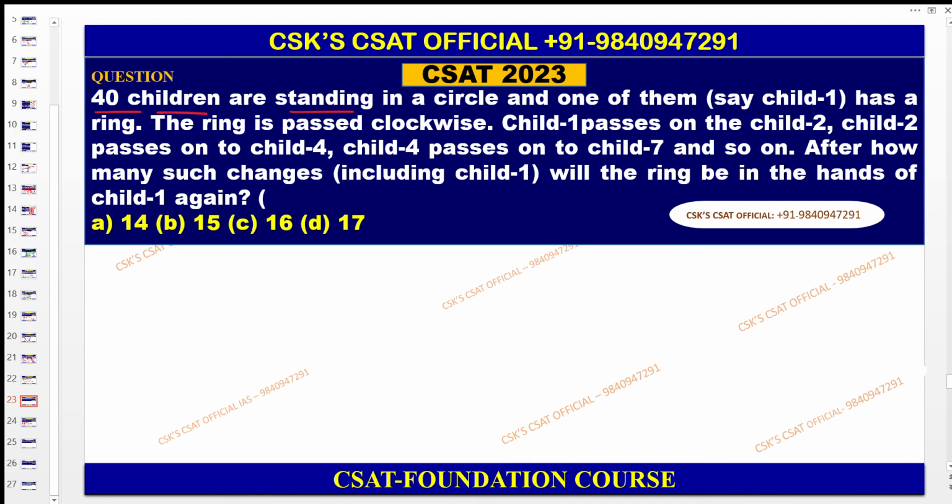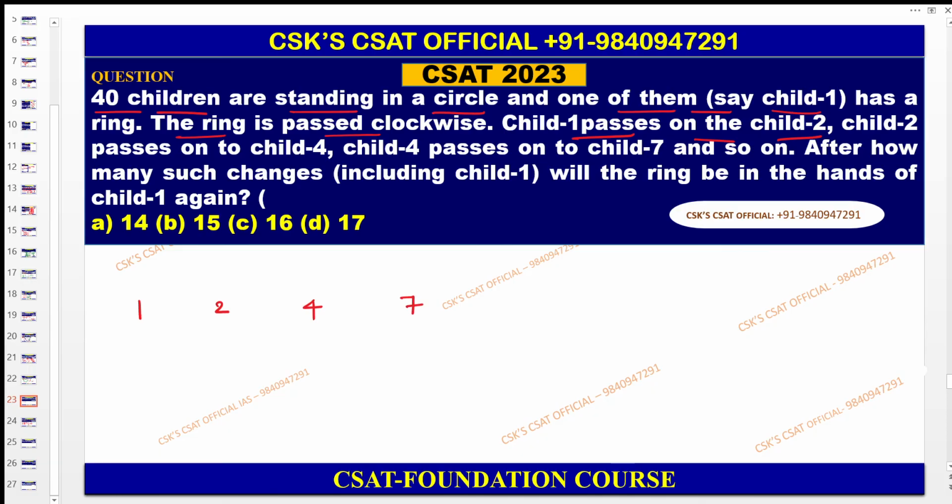40 children are standing in a circle. One of them, say child 1, has a ring. The ring is passed in a clockwise direction. Child 1 passes to child 2. Child 2 passes to child 4. Child 4 passes to child 7.